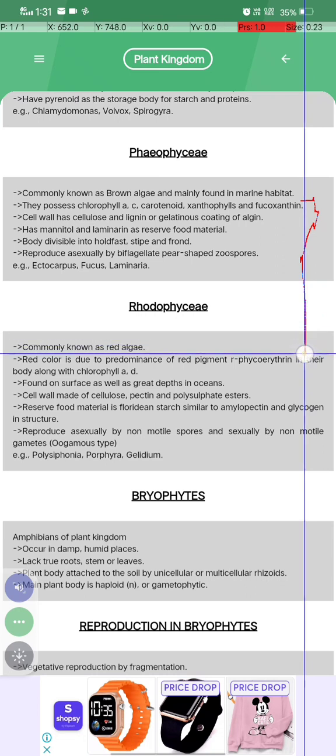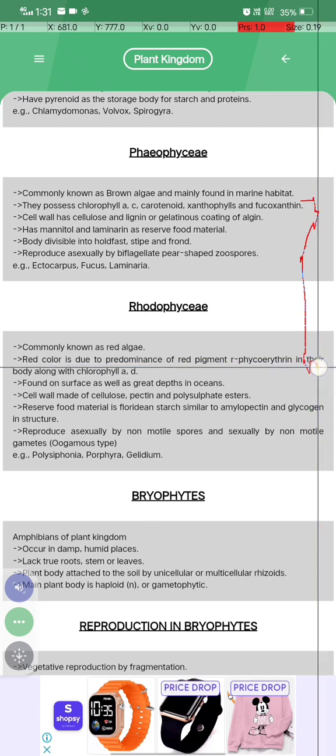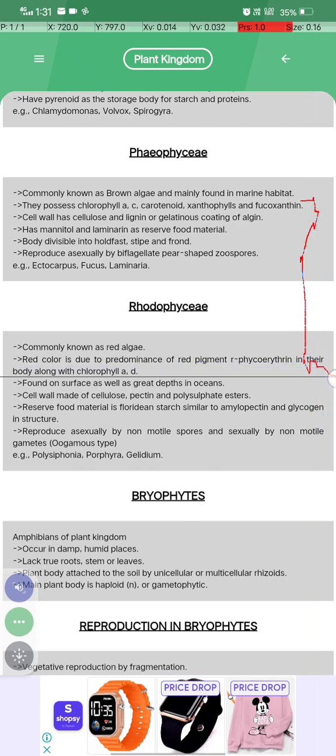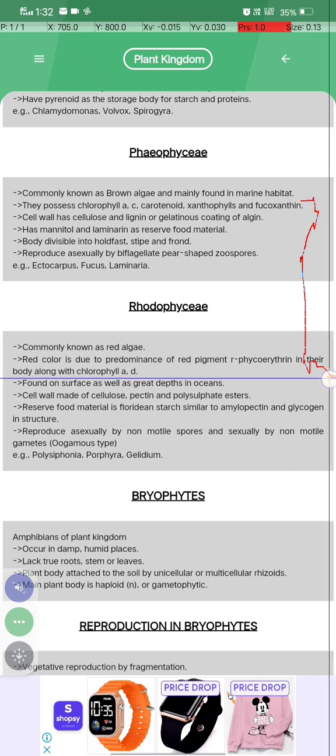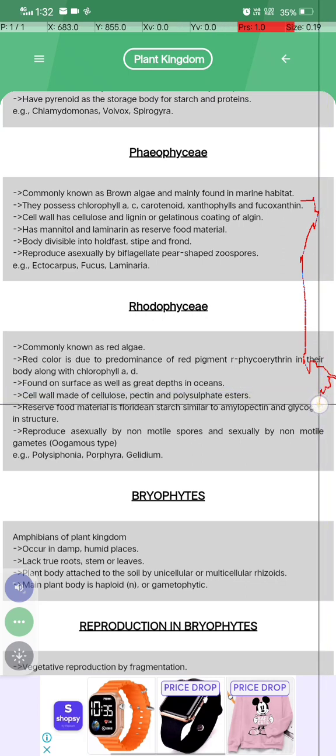Rhodophyceae is commonly known as red algae, and the red color is due to the predominance of the red pigment r-phycoerythrin in their body, along with chlorophyll a and d. Found on the surface as well as at great depth in the ocean. The cell wall is made of cellulose, pectin and polysulfate ester.